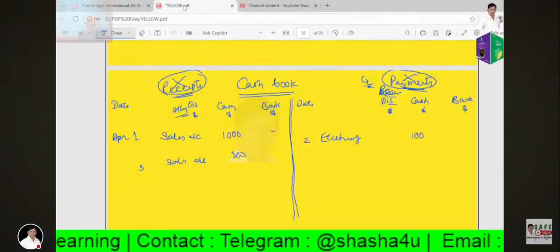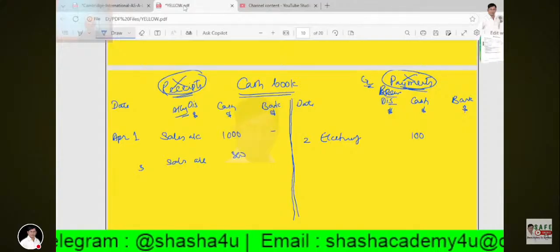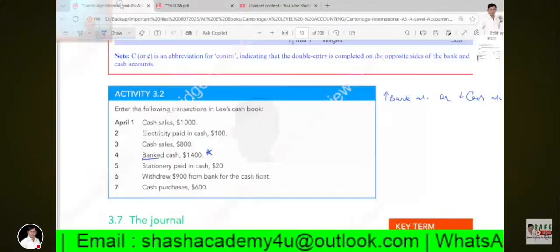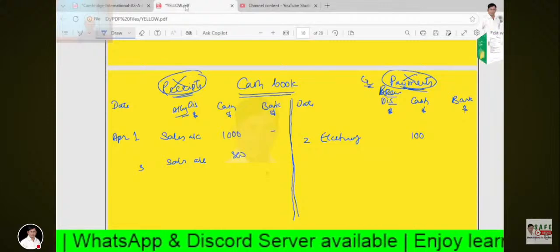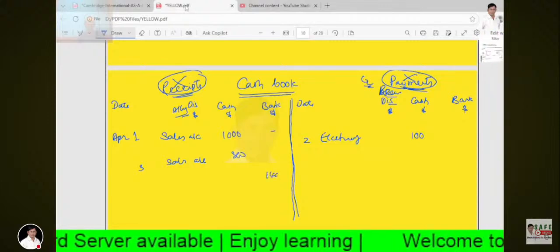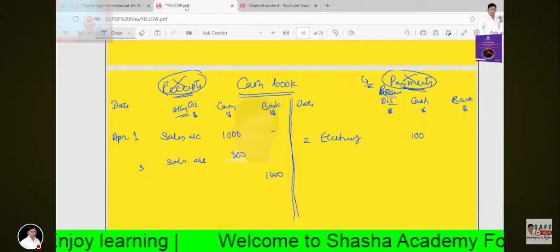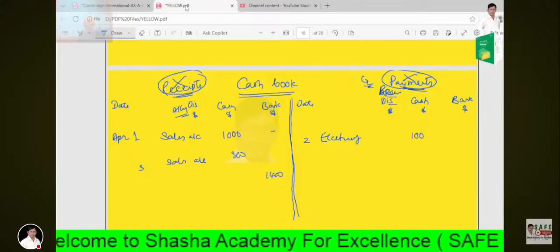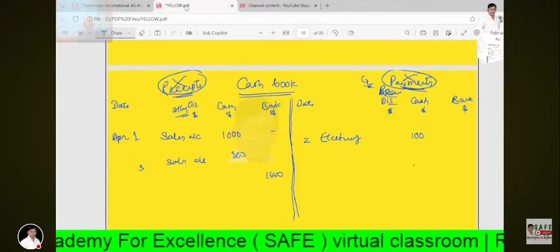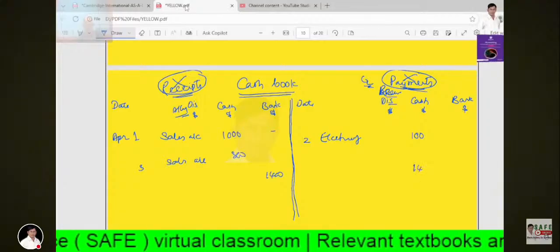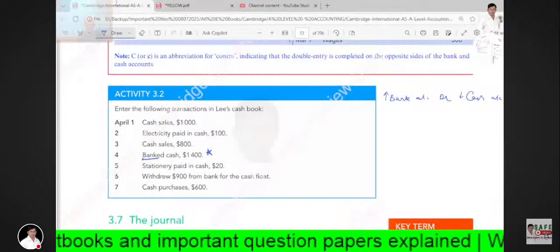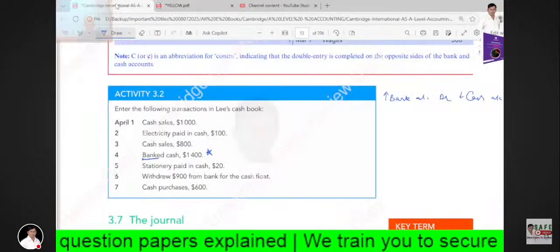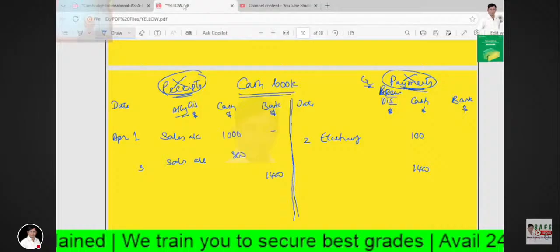So this is bank, and money is coming in here. How much? 1400. Money is coming in the bank, but cash will go out. What date? 4th.